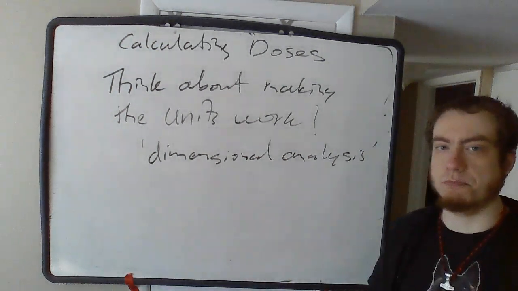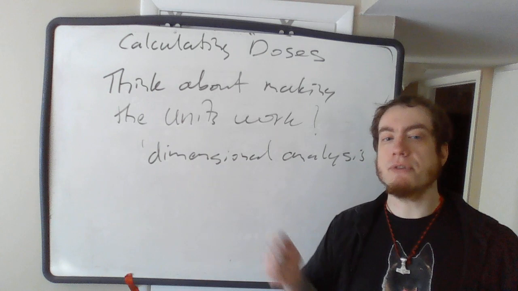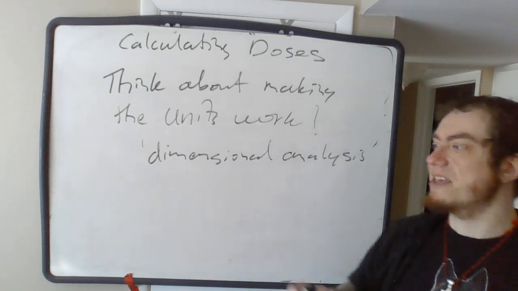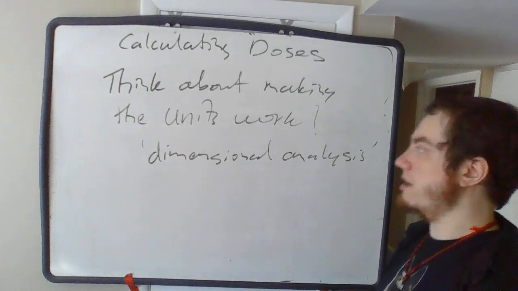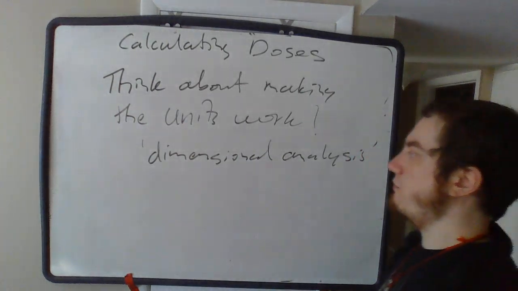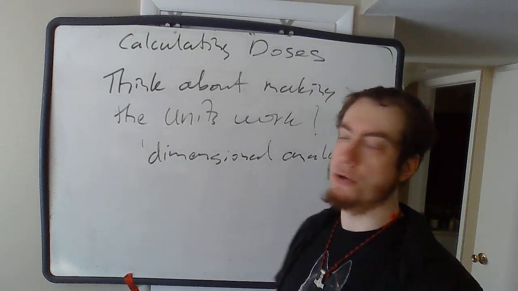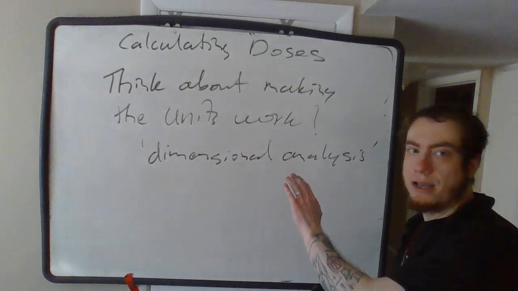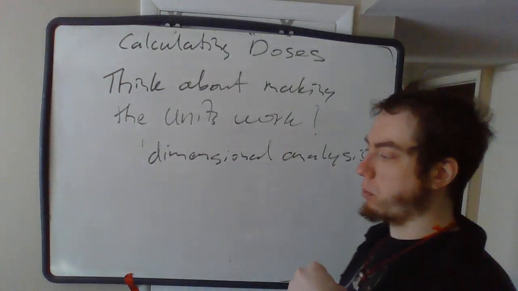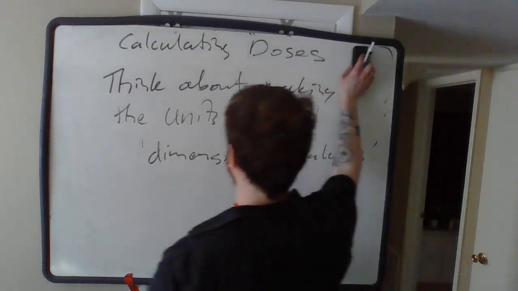In general, this just means that you're checking through your units and you're making sure that whatever you're doing, all the correct units cancel in the way that you want them to, and you end up with the right thing in the end. So I want to just go over a few examples of how this kind of thing, using these units, works in some relatively simple examples, and then we're going to build up to doing more and more complicated examples as we go.